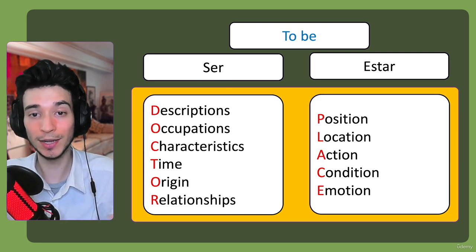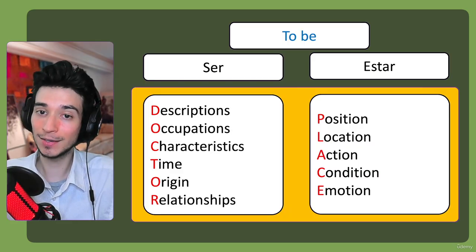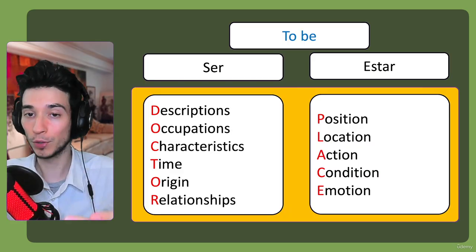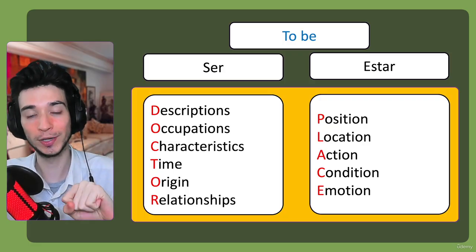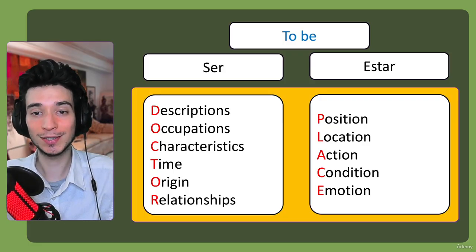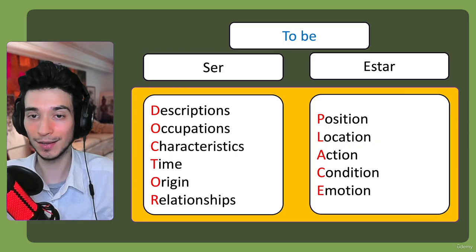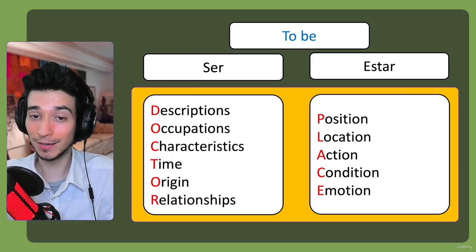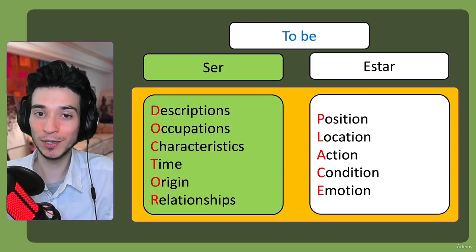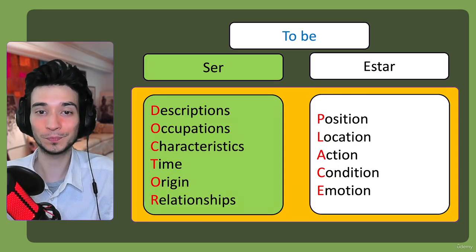Estar is used for position, where you are at this current moment, basically the location you're in. Also doing actions, some conditions, and emotions. So if you feel happy or sad, estar. It's a little hard if I just tell them all at once, so the best way to do it is with examples.